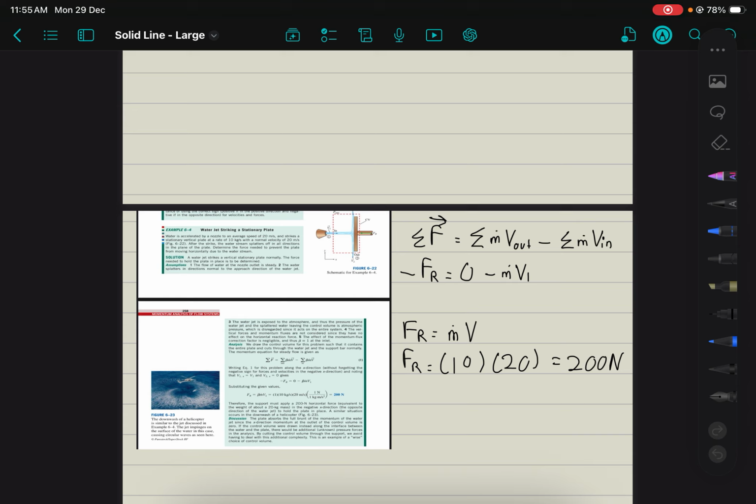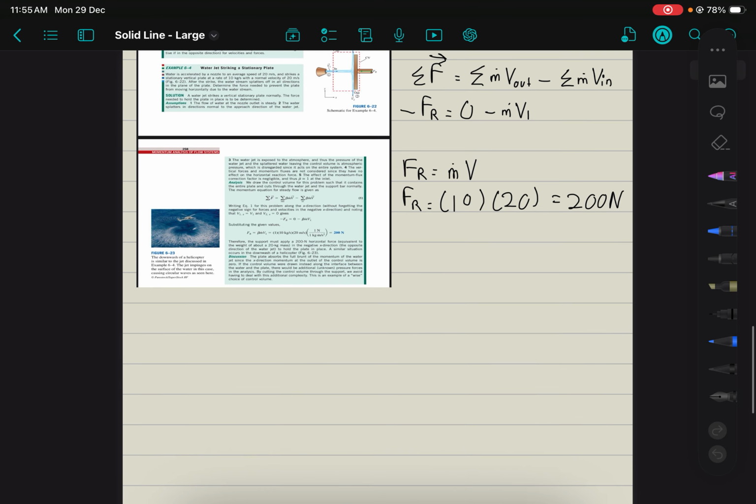Then we go to the momentum equation. Force equals mass dot velocity out minus mass dot velocity in. And we arrange that we get negative Fr equals 0 minus mass dot velocity 1.